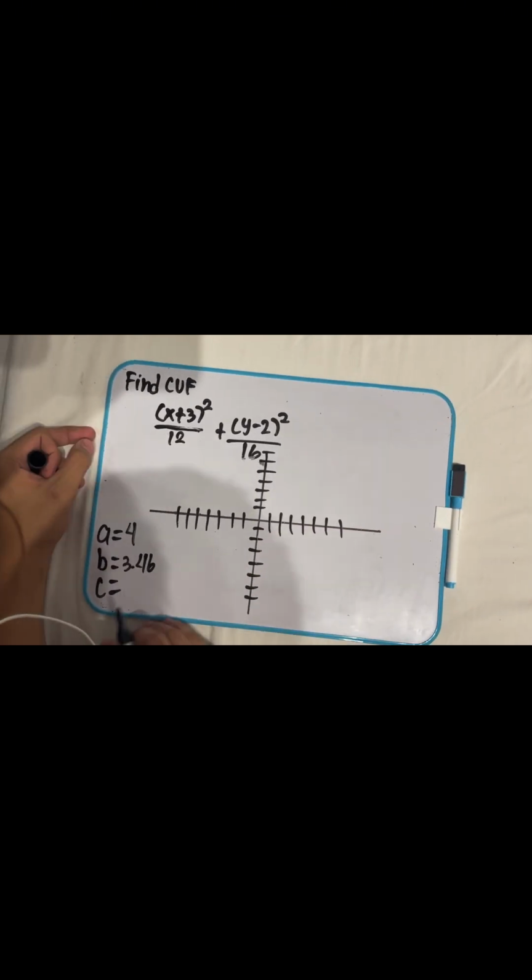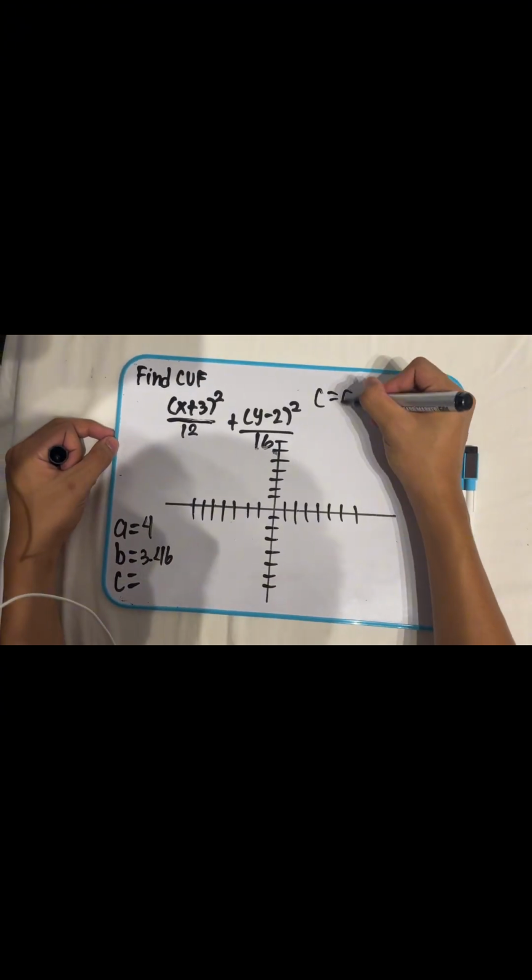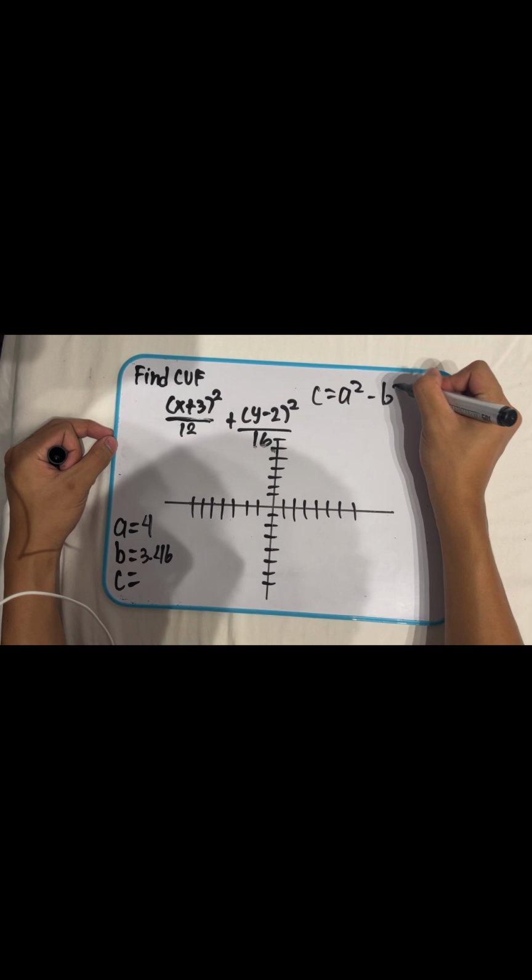But first we have to get the value of our c. c squared equals a squared minus b squared.